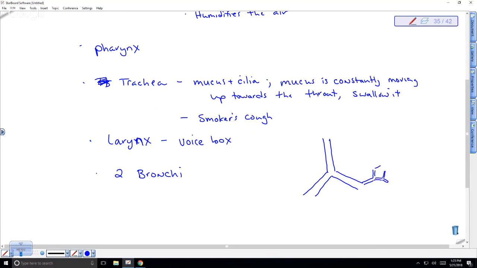And these are what are called bronchioles, just like the arteriole and the venule. Bronchioles.